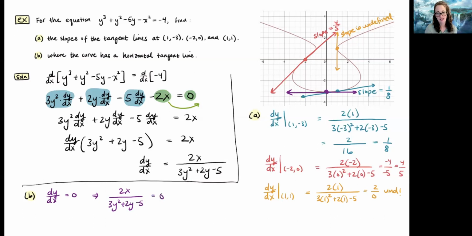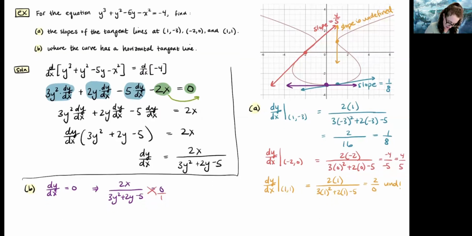And the way to solve this, you could think of it in a few different ways. You could look at the 0 as being 0 over 1, and then you can cross multiply across the equal sign. So on the right-hand side, we'll get 0 times 3y squared plus 2y minus 5, and that's just 0. And on the left-hand side, we'll just get 2x times 1, and that's just 2x.